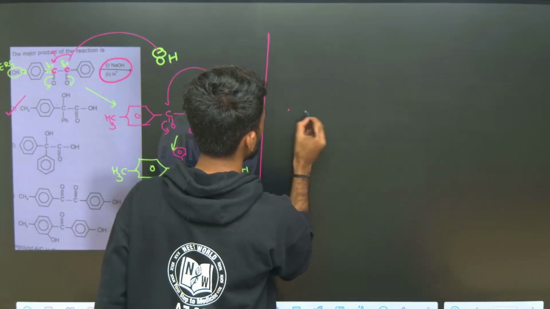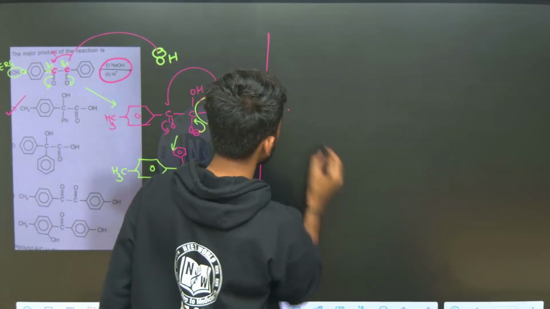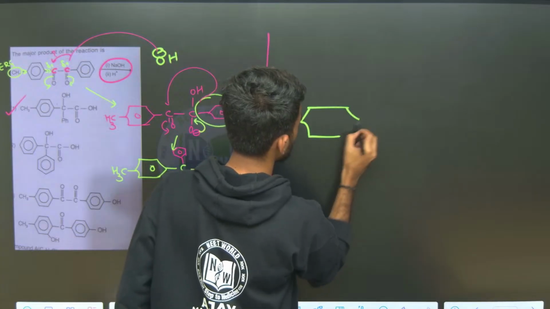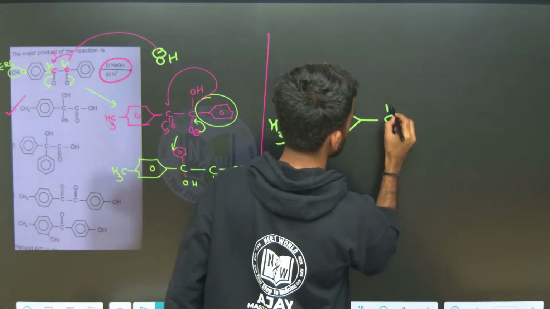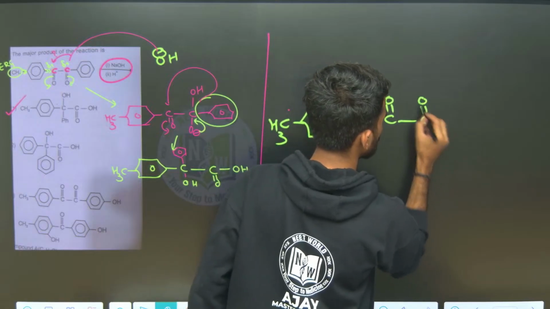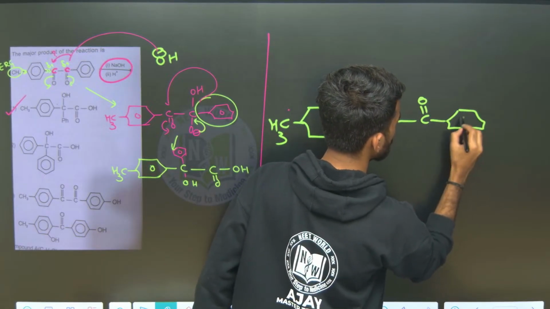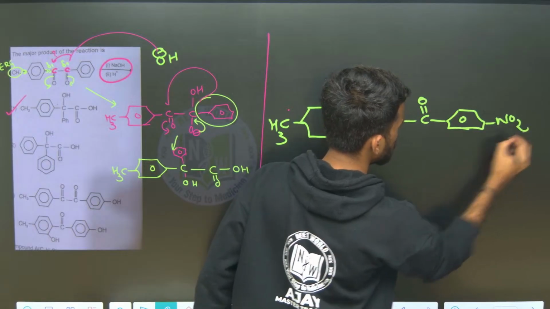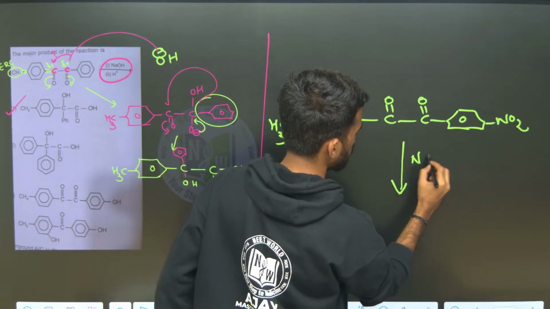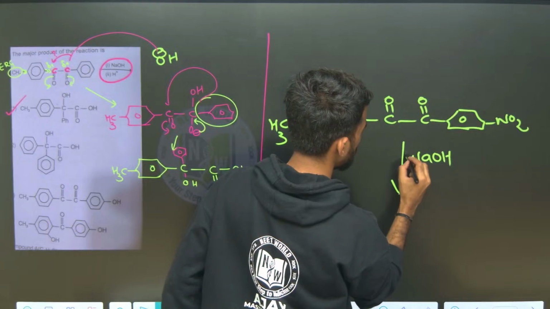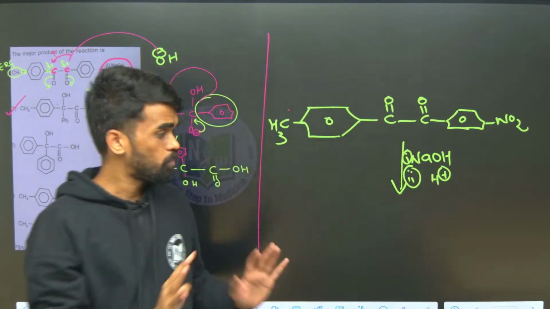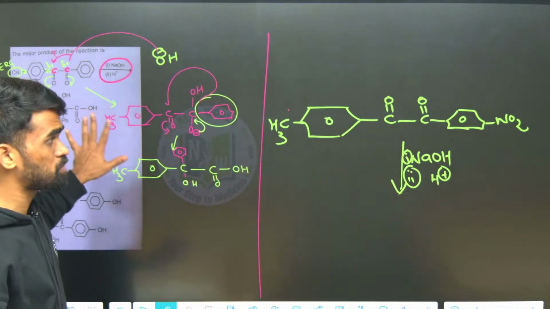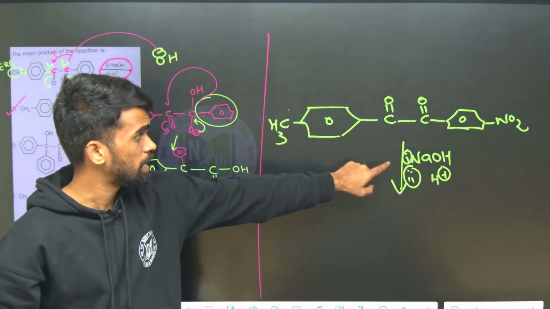Writing here, NO2, and here NaOH as the first step, and acid as the second step. Just follow whatever steps I have mentioned here and tell me the final answer.